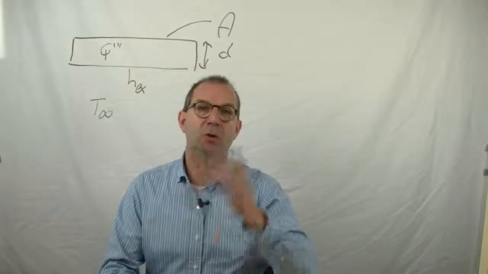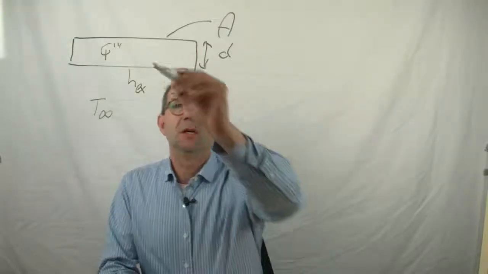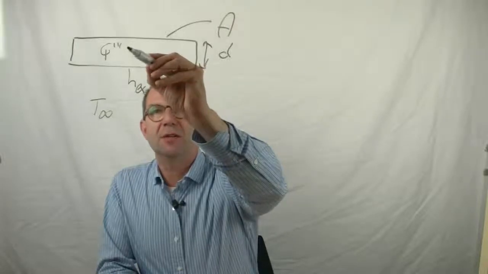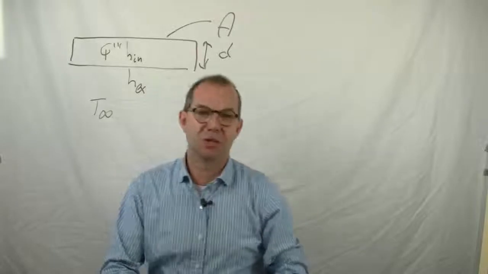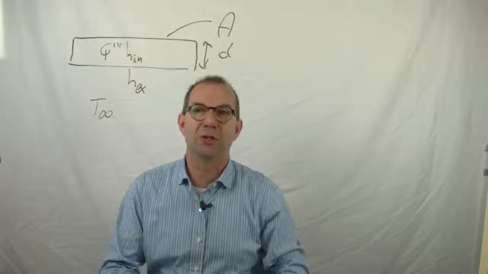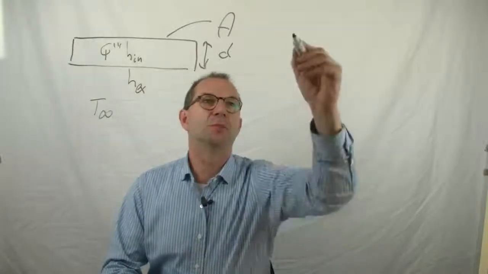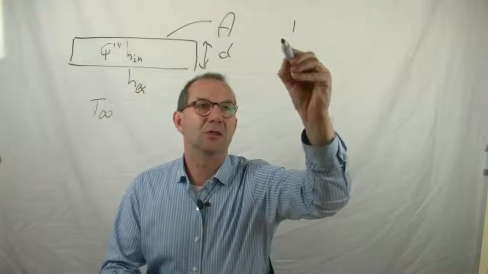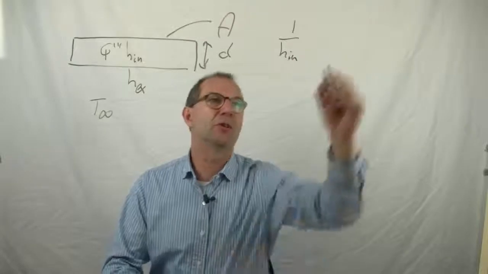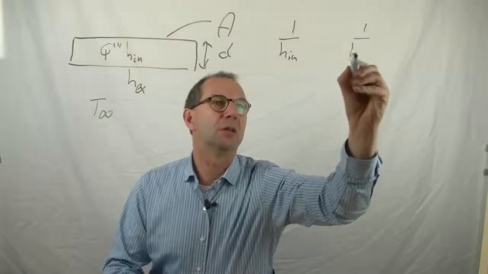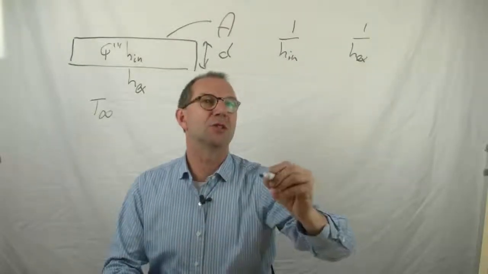And that calls for global understanding. So I'm going to write in that in principle there is also an internal resistance or a transfer coefficient H. And we know that the internal resistance, 1 over the transfer coefficient, compared to the external resistance is negligible.